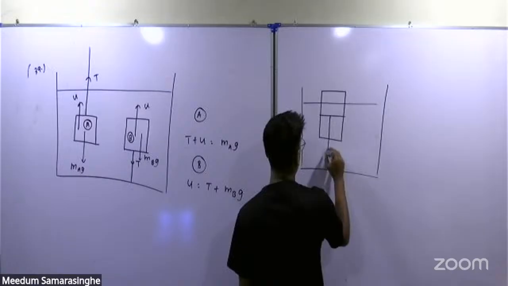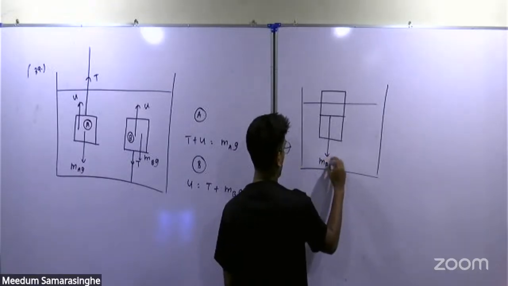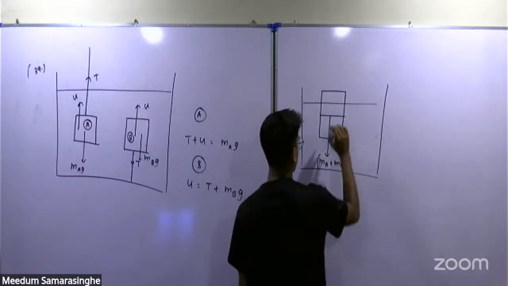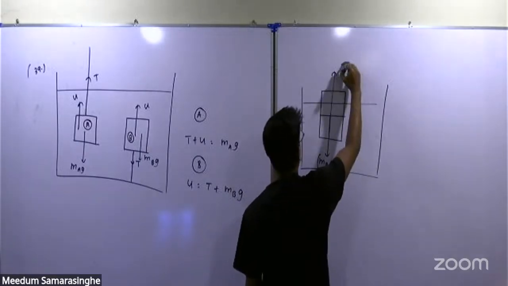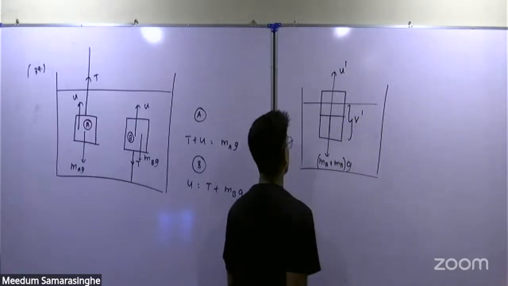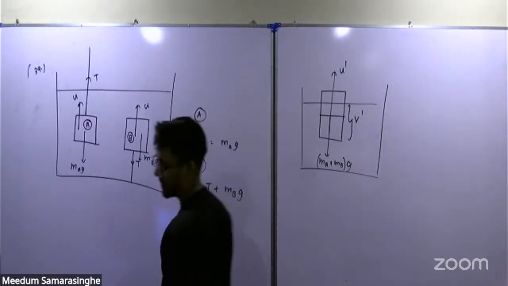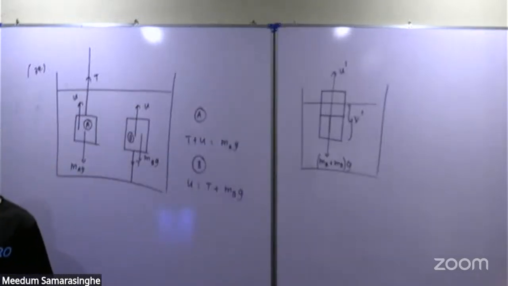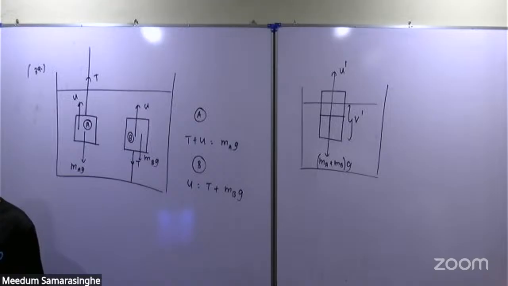So the total mass is MA plus MB, and to balance it you have upthrust. There is a different upthrust, let's say U dash. Let's say the submerged volume is V dash.